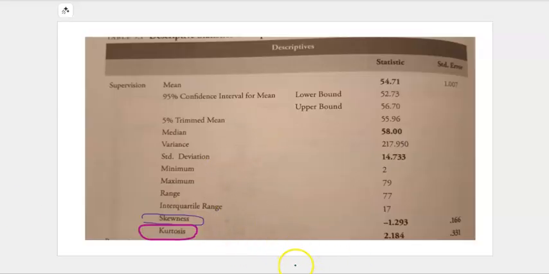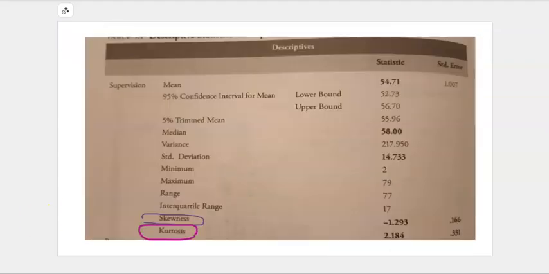Another way to obtain the skewness and the kurtosis, this is the most frequently used. So maybe you will stick to this way. You can see the statistic of the skewness and the kurtosis, and then you will need the standard error. You will need this number. So how do you calculate that?